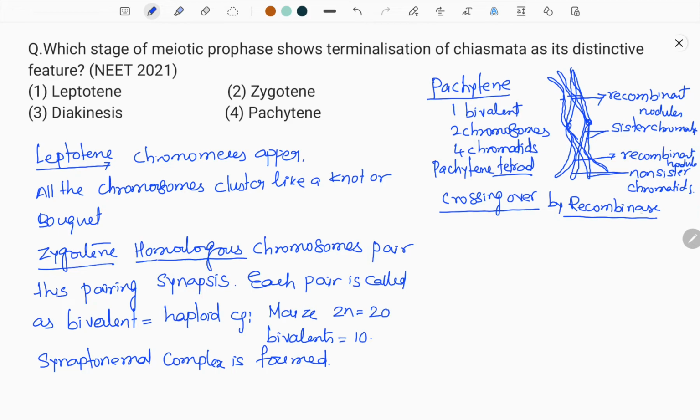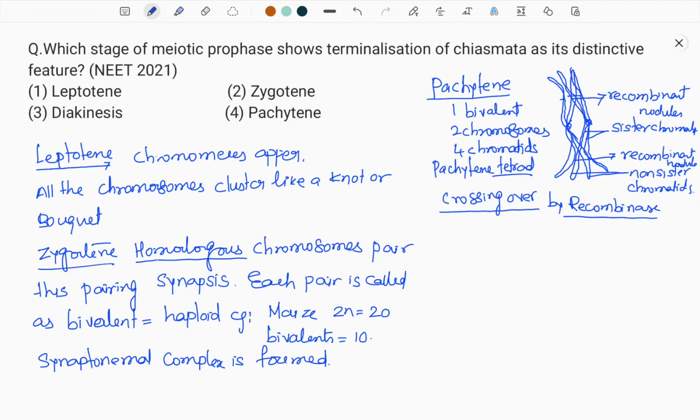This crossing over leads to variations, and variations lead to evolution. Evolution leads to origin of species according to Charles Darwin. So Pachytene is the most elongated, most complicated and the most vitally important phase of prophase 1 of Meiosis-I.